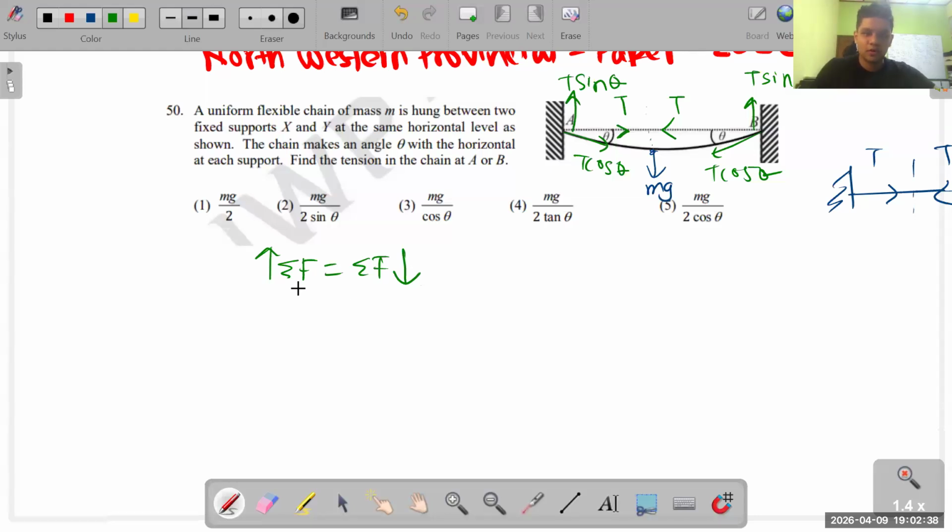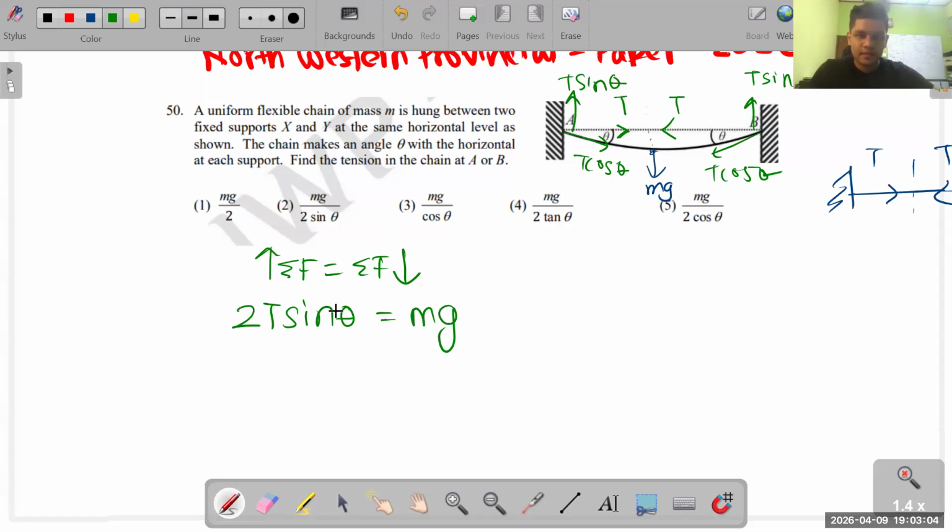So what are the upward forces? One T sine theta, another T sine theta. At A there's a T sine theta, at B there's a T sine theta. So totally 2 T sine theta, equal to the downward force. What is the downward force acting? Only this blue one, which is mg, vertically. So mg.